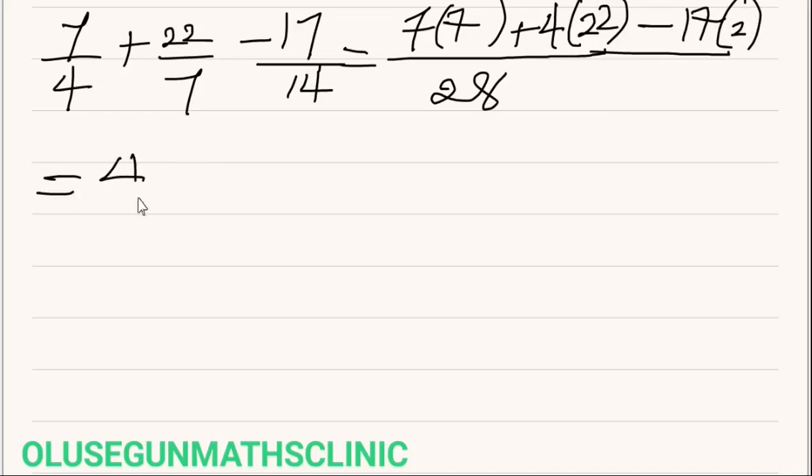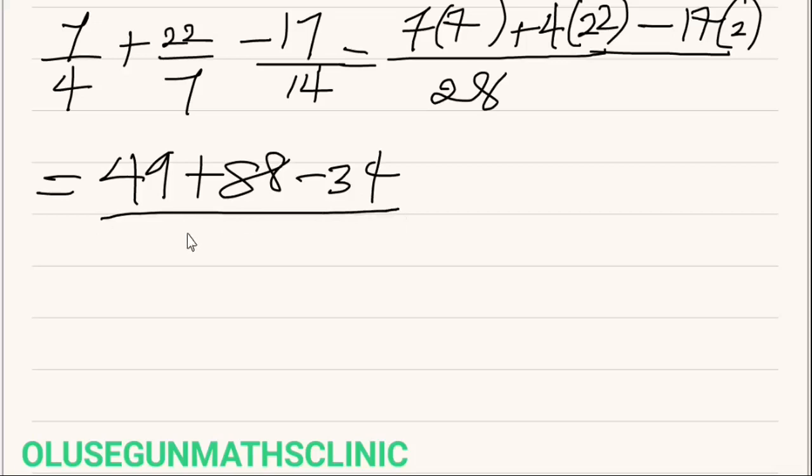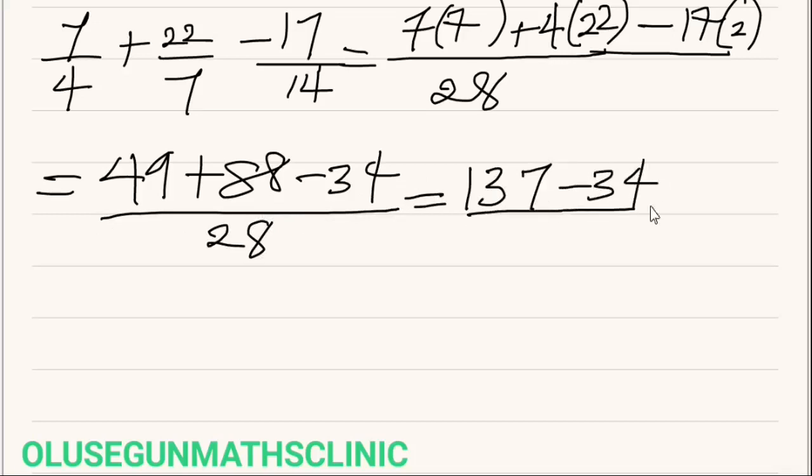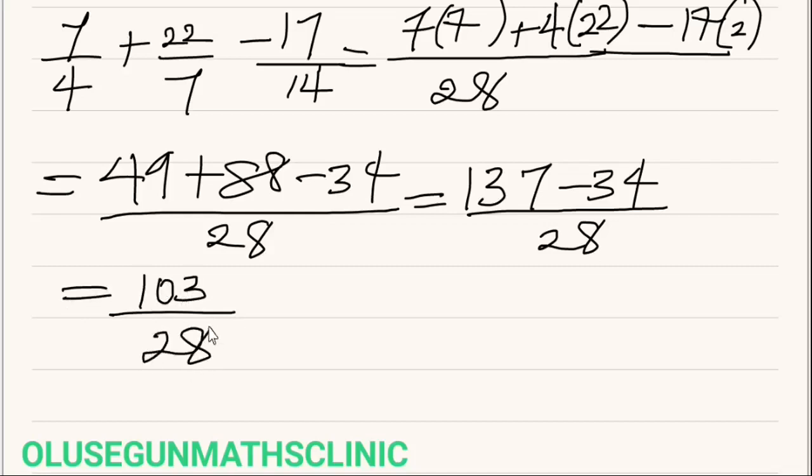So we have 49 plus 88 minus 34 over 28, which is 137 minus 34 over 28, which will give us 103 over 28.